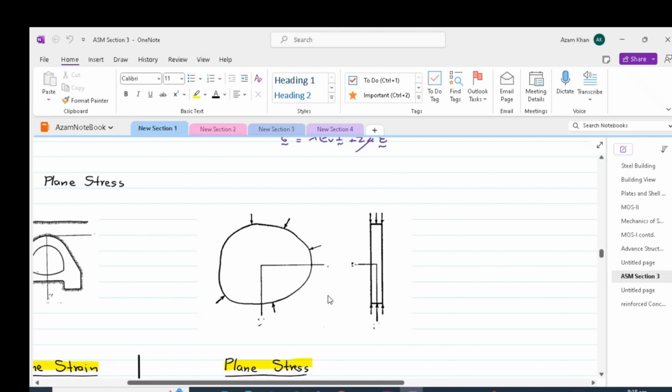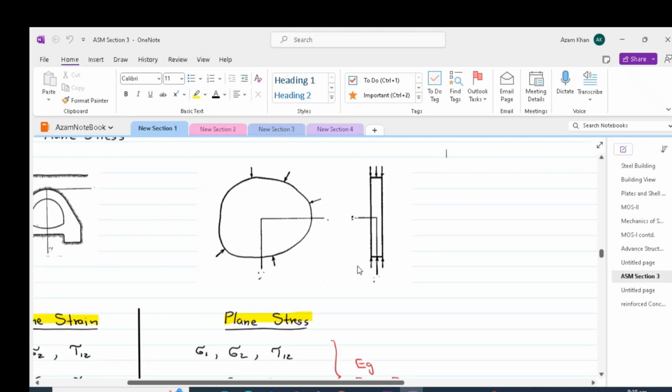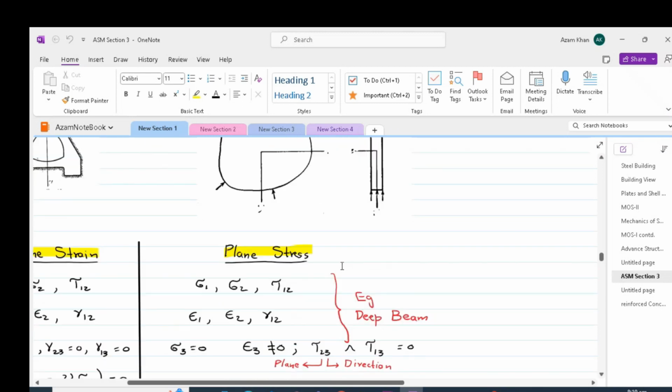So in this plate, the out of plane stresses, which are having outward drawn normal in the direction of thickness, would be neglected. This simplification is commonly used in the analysis of thin structures such as plates, membranes, and shells, where the effects of bending or stretching in the thickness direction are considered negligible.